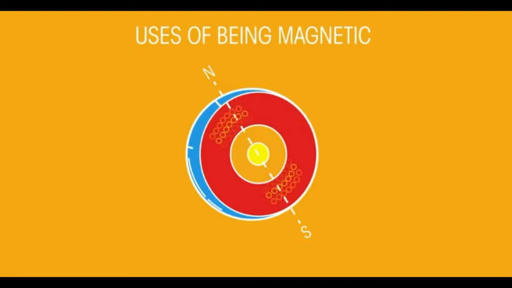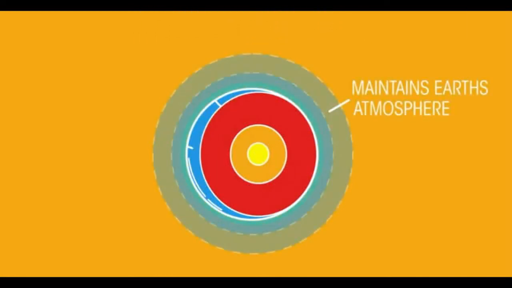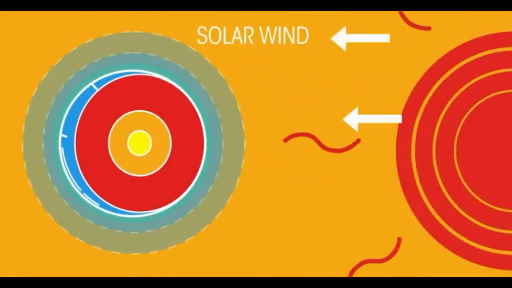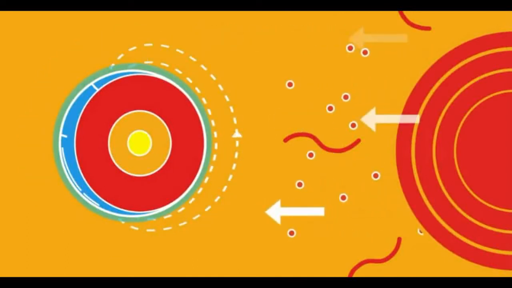And this magnetic field of earth has some useful purpose in our life. It protects the earth from the solar wind. Earth is protected from strong solar wind because of the earth's magnetism.